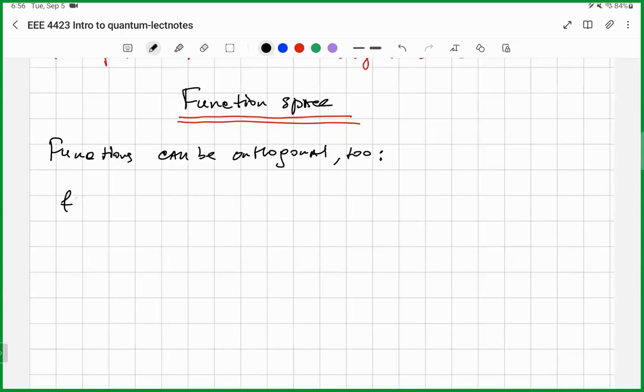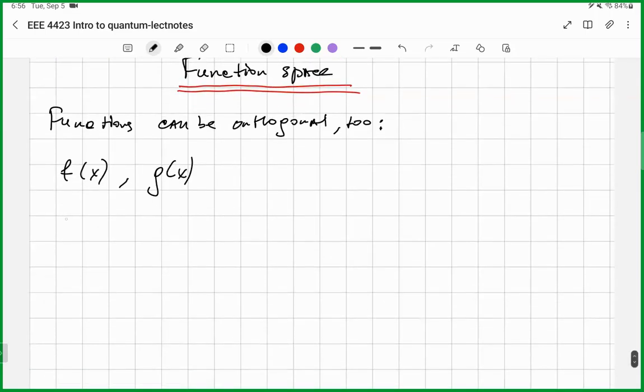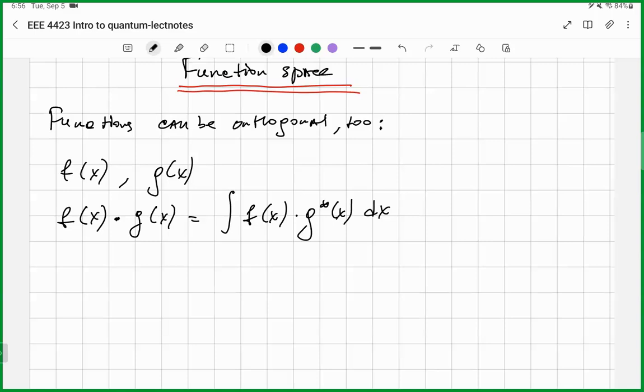So, for example, suppose we have two functions f of x and g of x, and the product of two functions is given by the integral of these two functions over some integration limits. So this is by definition the integral of the two.